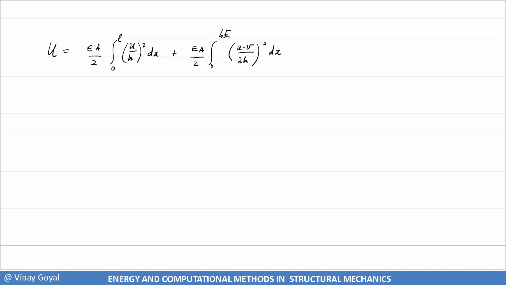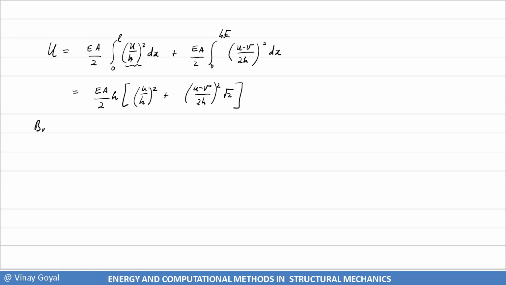I can integrate this very easily. None of this depends on the length x. So EA over 2H, when you calculate all this, you get (U over H) squared plus ((U minus V) over 2H) squared, square root of 2. When you do the integral, you'll see that's what you get.